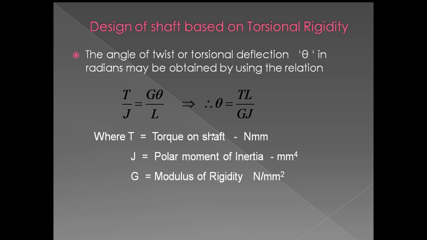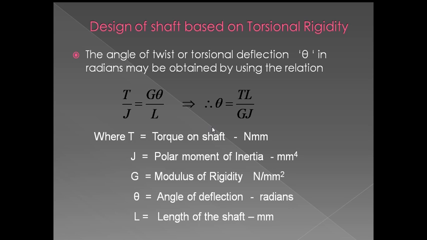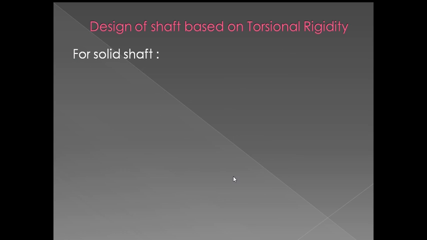J is the polar moment of inertia, in mm to the power 4, and G is the modulus of rigidity, in Newton per mm square. Next, theta is the angle of deflection, in radians. If it is given in degrees, you need to convert into radians, multiplying by pi by 180. And the length of the shaft is in mm.